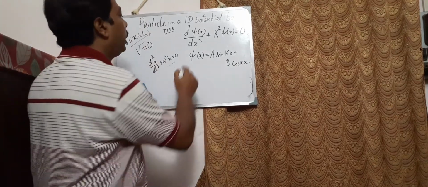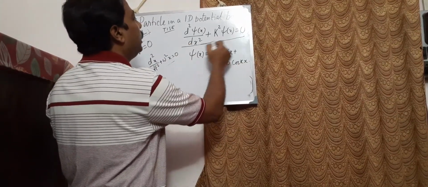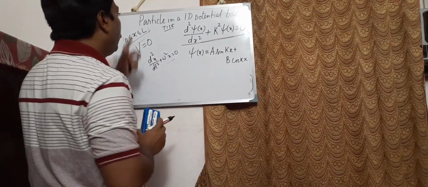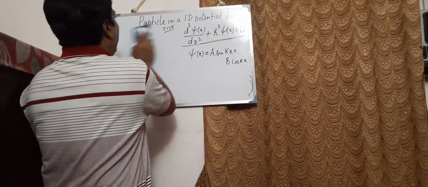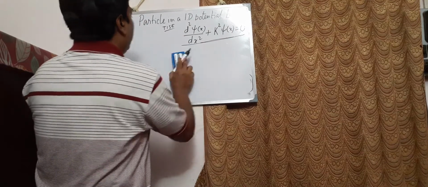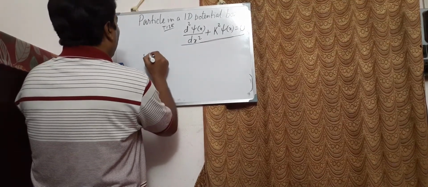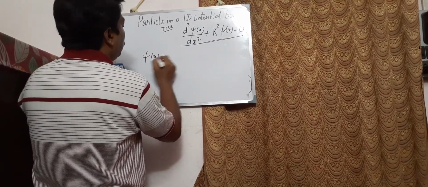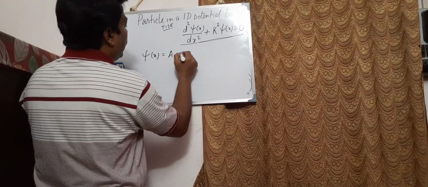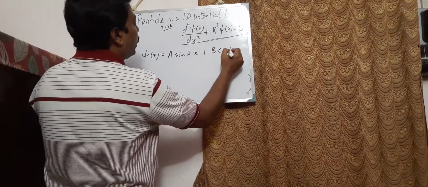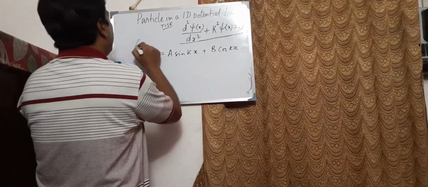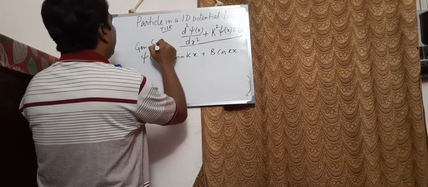So that is the general solution of this time independent Schrodinger equation for the particle in a one-dimensional box. So let me write it once again in one line. So ψ(x) is a sin kx plus b cos kx. So this is your general solution.